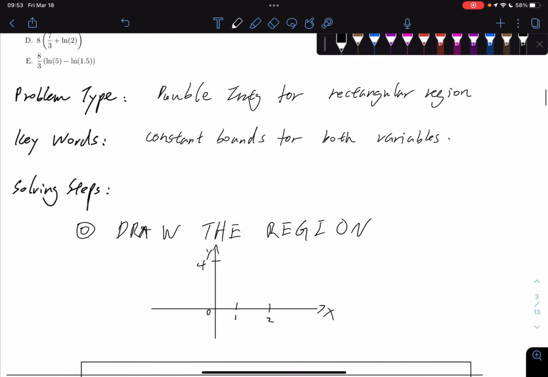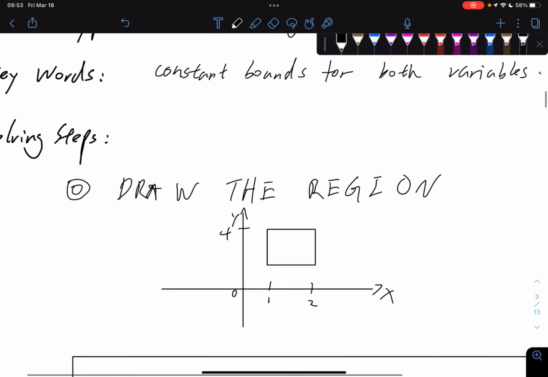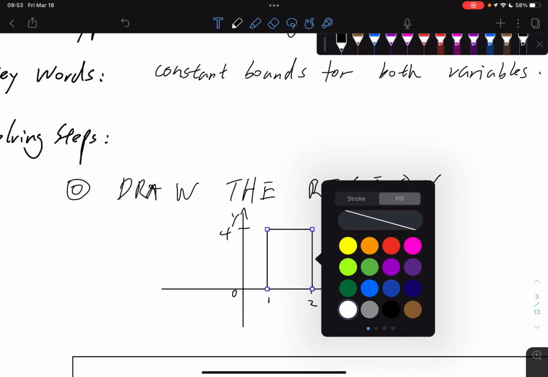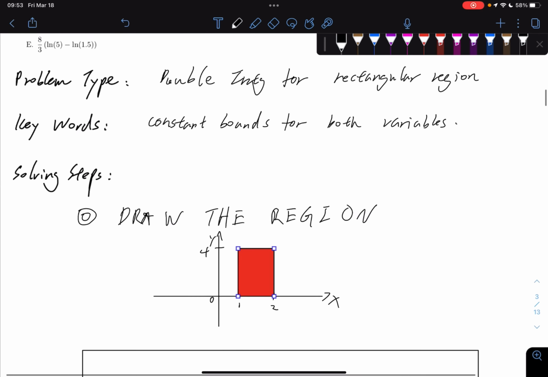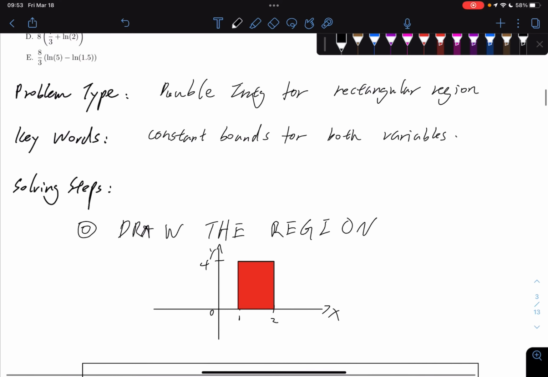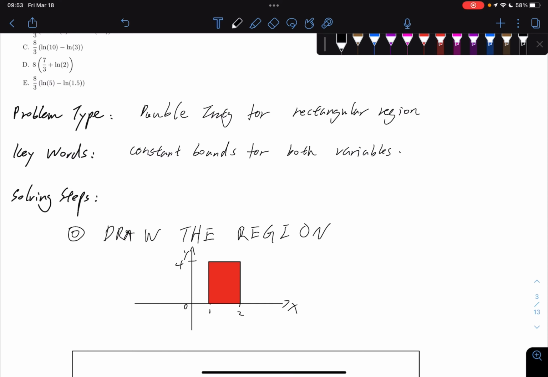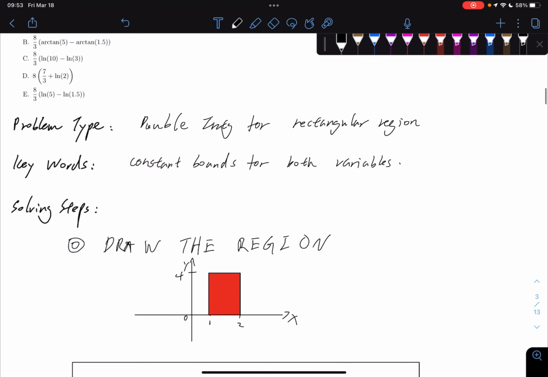I think everybody would agree that this will be my region of integration, stretching from 1 to 2, and from 0 to 4. I always draw regions, no matter how easy or hard it is.